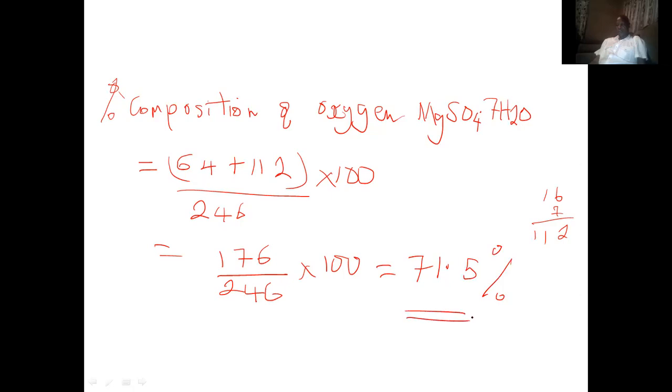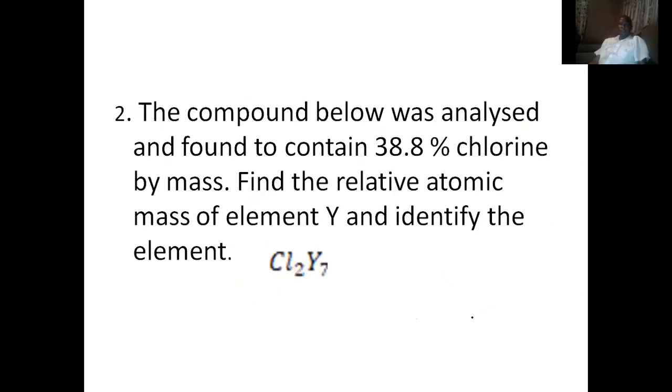So the whole of this compound contains 71.5% of oxygen. So this is basically what we do. Then we do the other question.